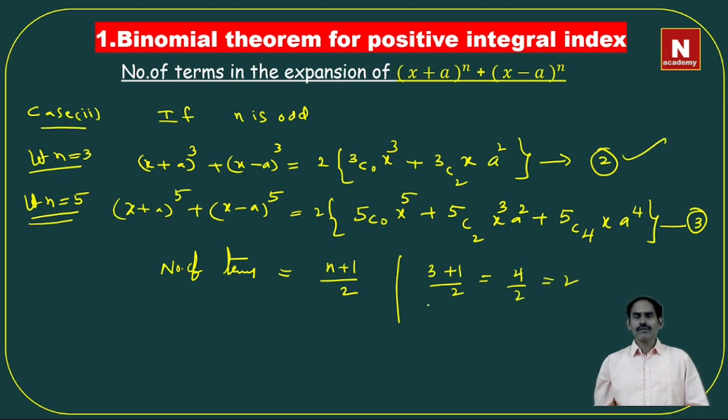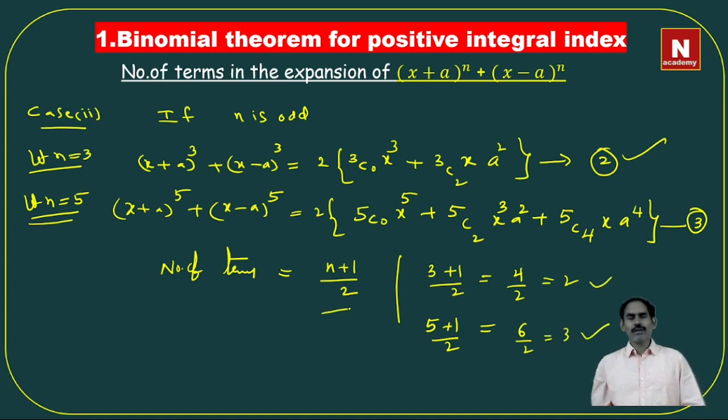Correct answer. Next, for the second example, the index is 5; substitute n as 5: (5 + 1)/2 is 6/2 = 3. Getting the same answer here also. So this formula gives the number of non-zero terms in the expansion of (x + a)^n + (x − a)^n.